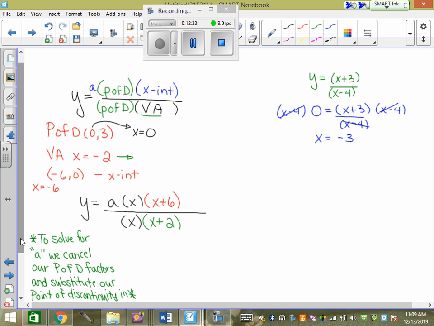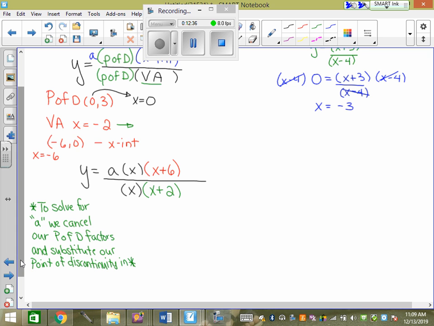So to solve for a, to get the equation, we're still going to have it in this form, right? The same form. But to solve for a off to the side, we're actually going to plug it into the form without the points of discontinuity. So a, x plus 6, over x plus 2. And we're going to plug in the point of discontinuity for our x and our y.